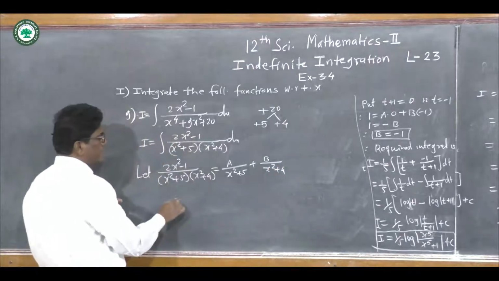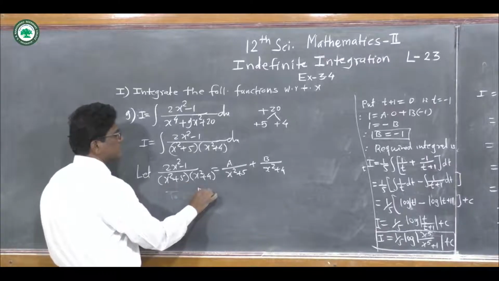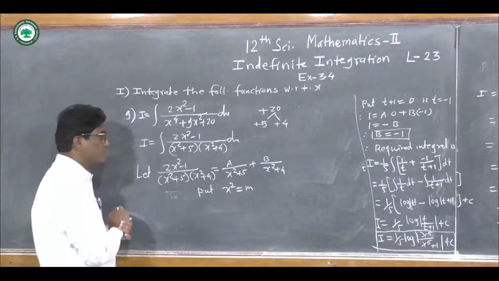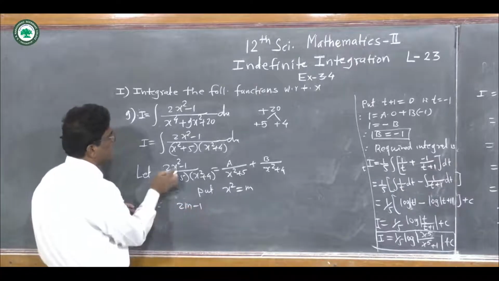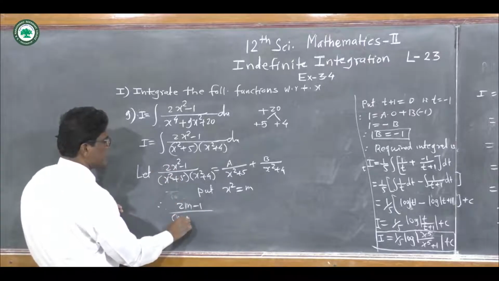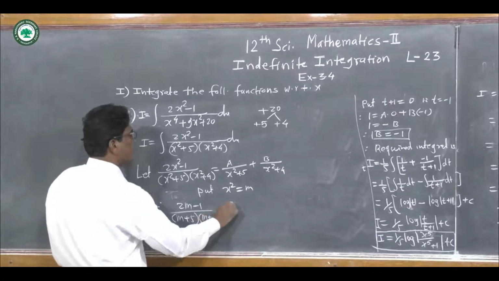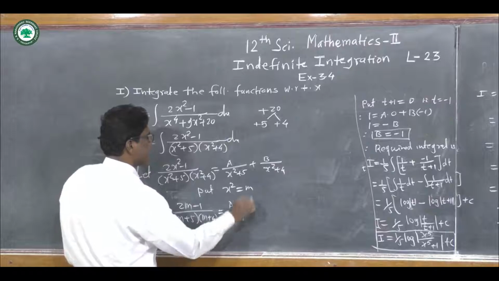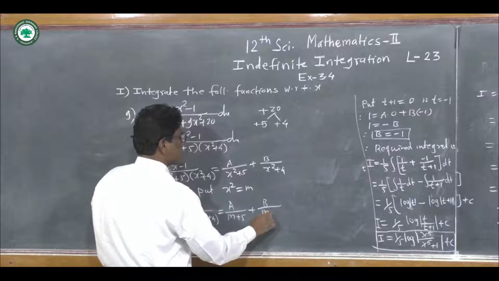So to find the partials, here put x square equal to m. Here we put x square is equal to m, and therefore we get 2m minus 1 upon m plus 5 into m plus 4 is equal to a upon m plus 5 plus b upon m plus 4.